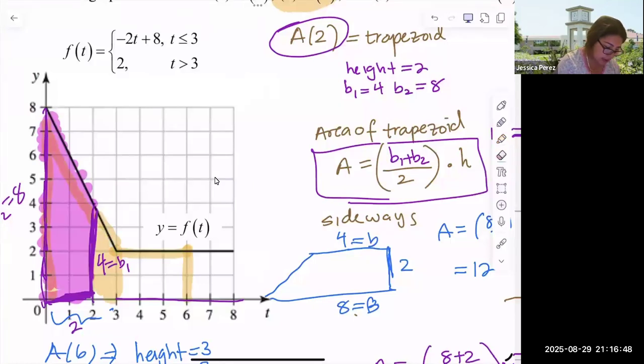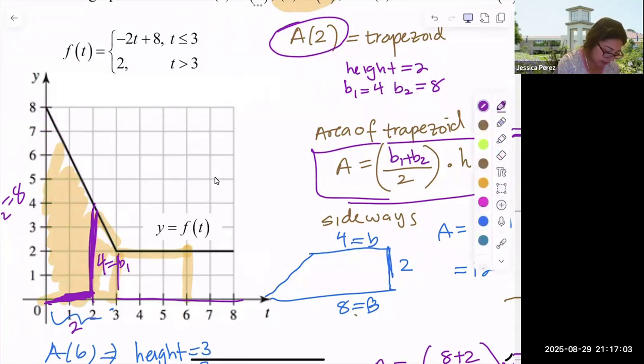So let me erase the other one that we had, and we are going to go into the orange. Now I'm finding this orange one. Let me get rid of the purple one.